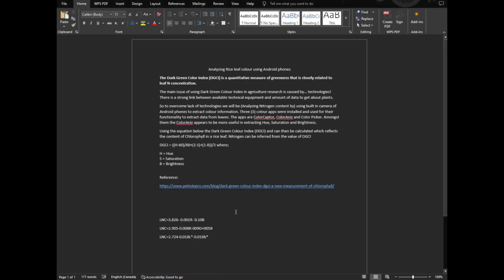Now there are other indicators, and one is called leaf nitrogen content. Now I read up on these. The only thing is this requires calibration. And how do you calibrate an equipment? Well, you have to gather up leaves and then mash them up and extract the chlorophyll, and from that, if you have all of the equipment, you can get the nitrogen content.